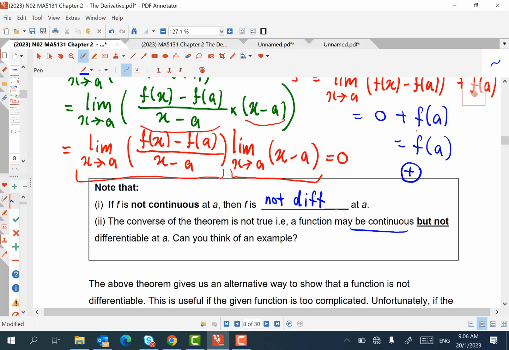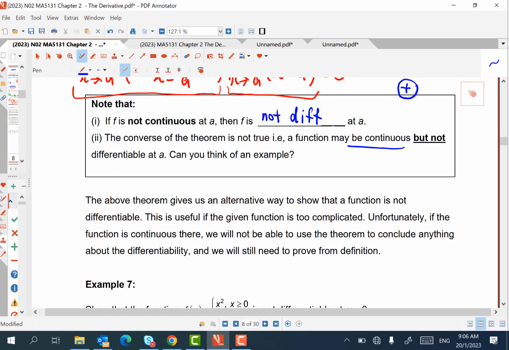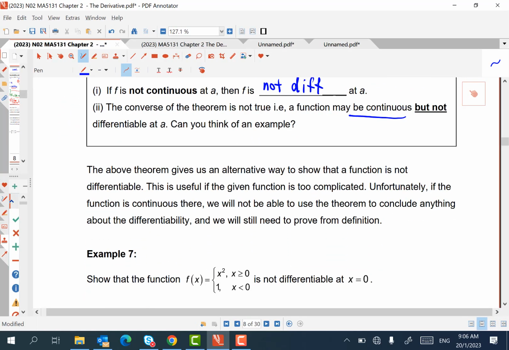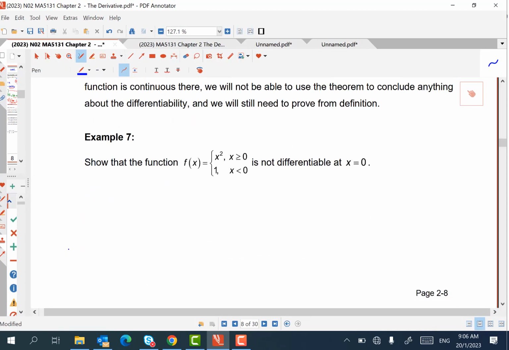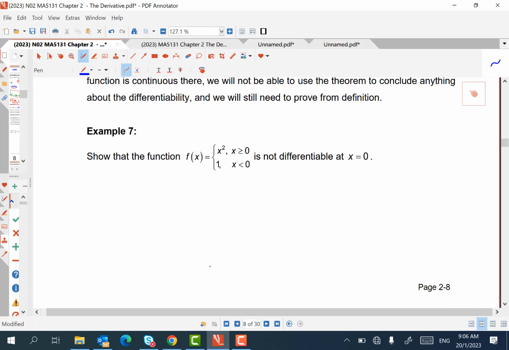Not sufficient. That's right. Continuity alone doesn't assure differentiability. But without continuity, you can't have differentiability. So the paragraph below is trying to reiterate the same thing. Now this question wants you to show that it is non-differentiable.